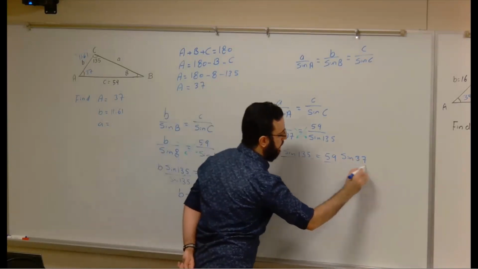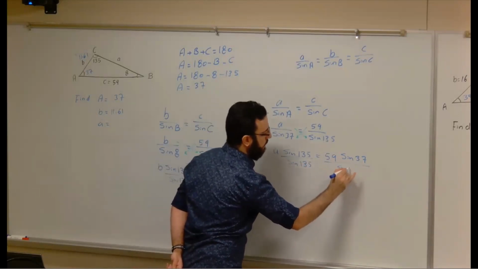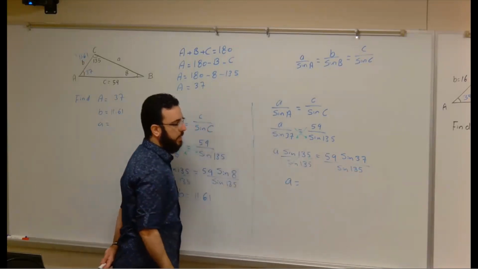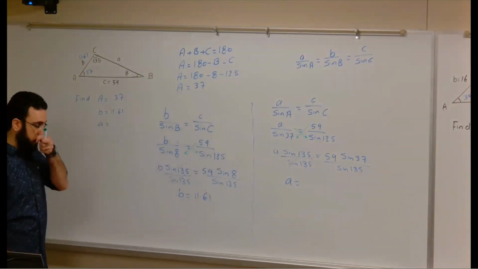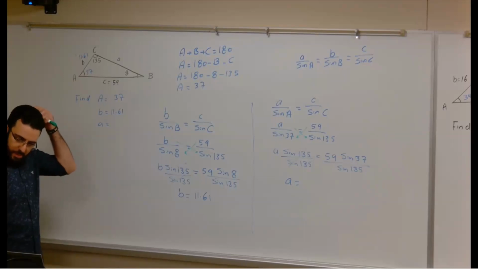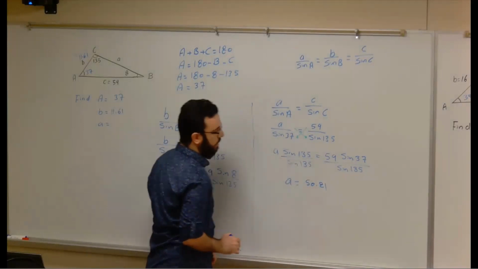Divide both sides by sine 135. These cancel. So A is going to be equal what? 50.20. That's it.